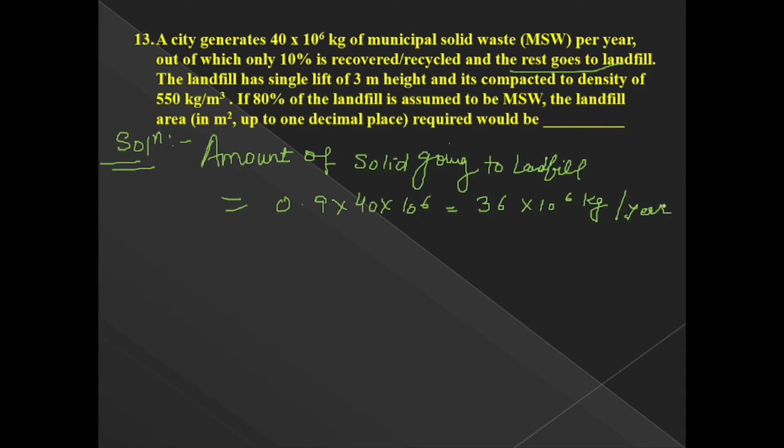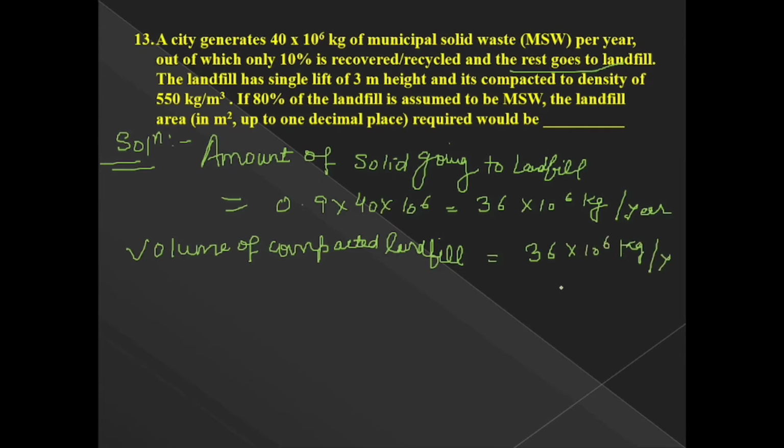Now the volume of the compacted landfill you can easily calculate because here the compacted density is given. So the volume of compacted landfill is equal to the amount of solids going to the landfill divided by the compacted density, that is 36 into 10 to the power 6 kilogram per year, whole divided by 550 kilogram per meter cube.